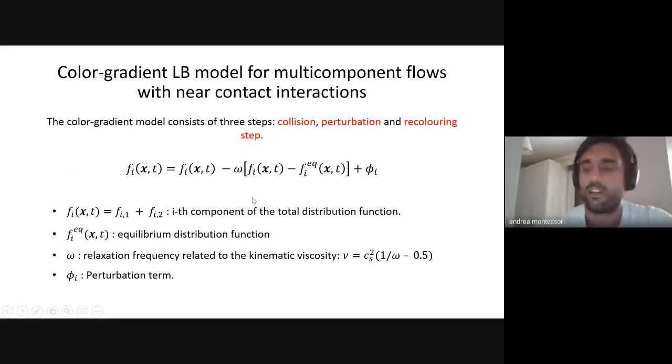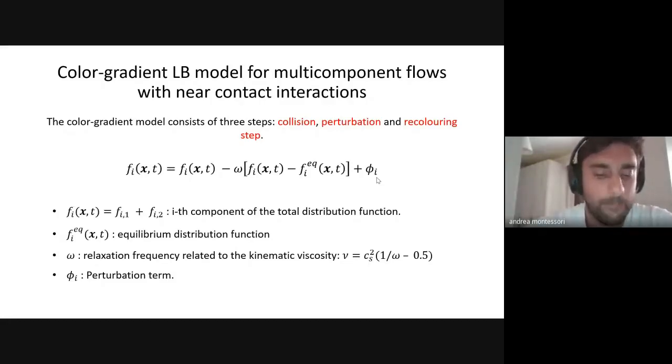So you have a very standard streaming and collision step with a collision based on a BGK approximation, plus a further term, this phi_i reported here, which is the so-called perturbation step.